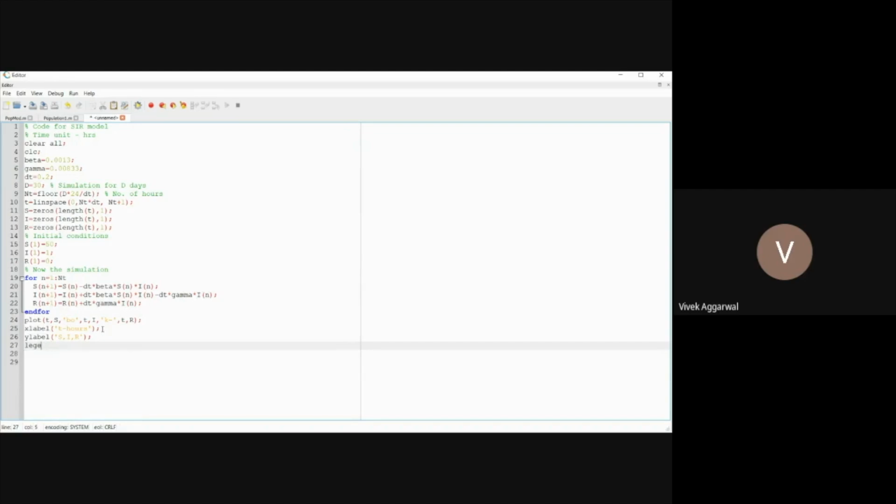The legend, you know that I have defined S first, then I, then R. The location I can define anywhere, so last north, or in the same way northwest.